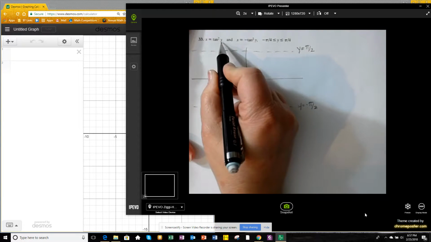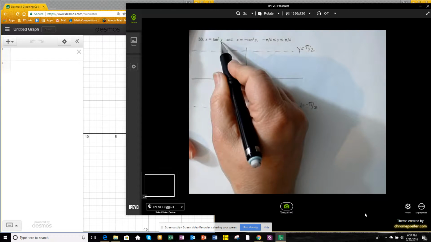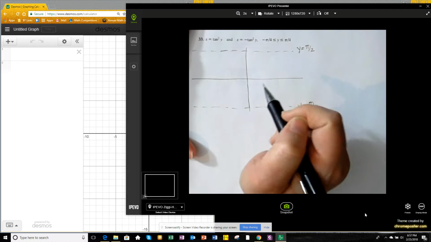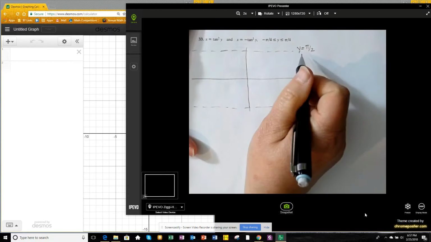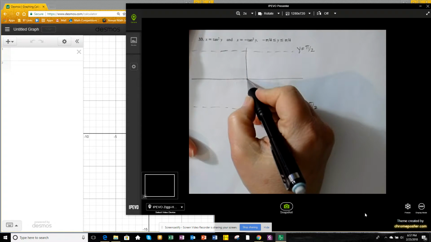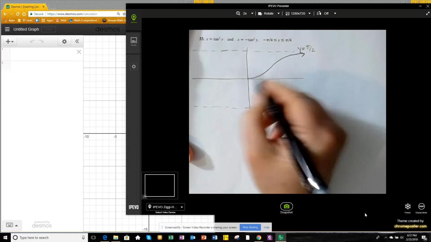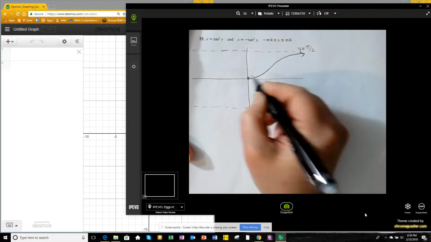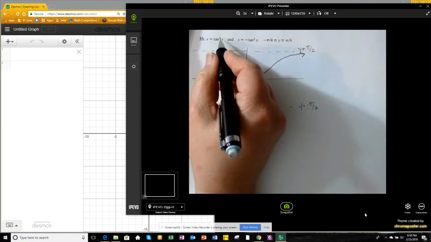And what happens as y gets very, very large? Well, tangent squared is going to approach, when y is pi over 2, the tangent is undefined. So I believe it's going to look like this, because that's kind of like the tangent graph. I mean, the inverse tangent graph, but it's always positive. And so it's an even function.